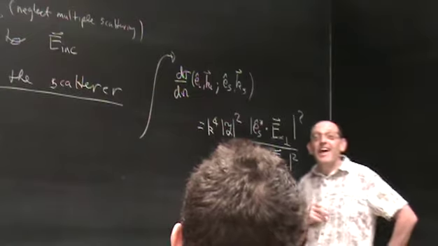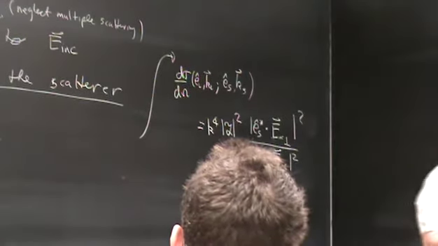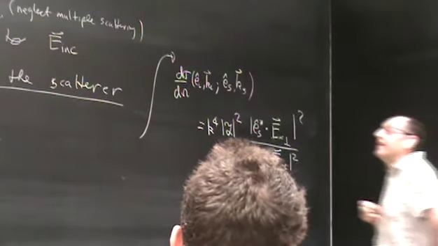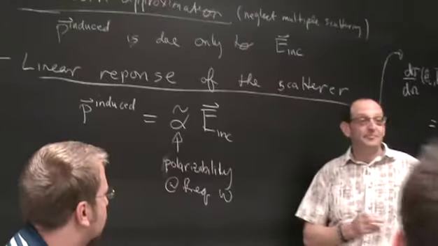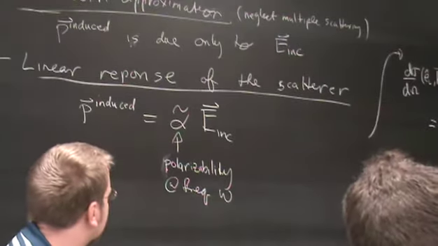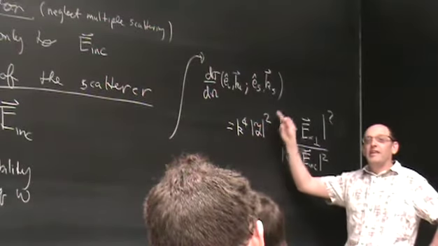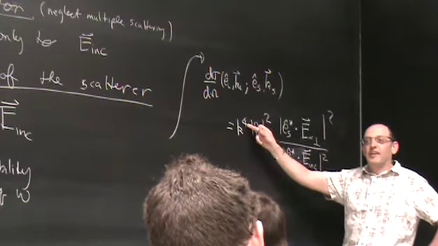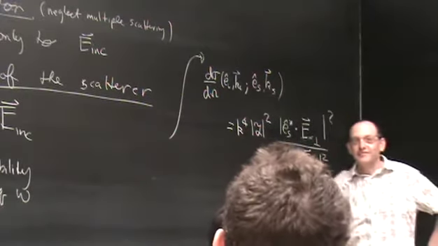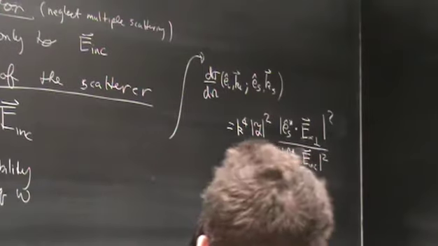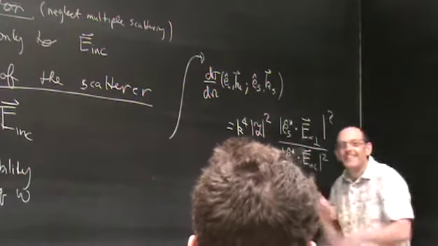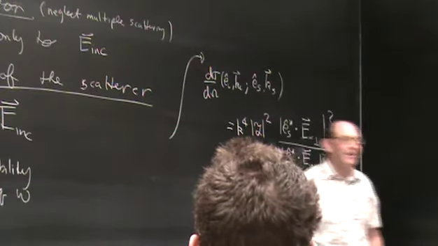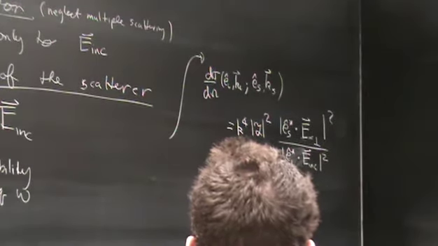So the whole question is, what the heck is the unit of alpha? But you remember that alpha, as we discussed, has units of volume. Okay? So this is length cubed, length to the sixth, over length to the fourth, length squared. That's right. At least that part's right. It might be factors of 2, whatever, but that's kind of all you need to know. Numerology tells you a lot.